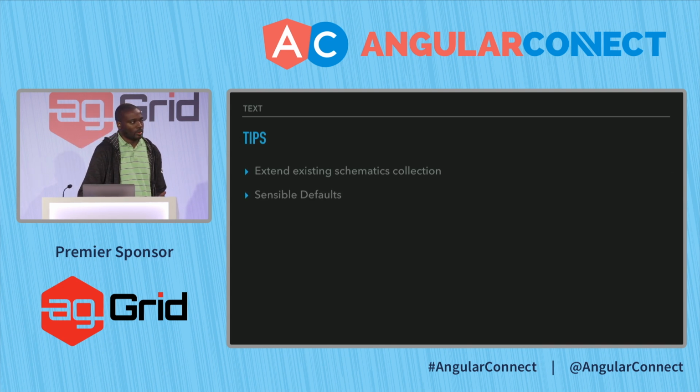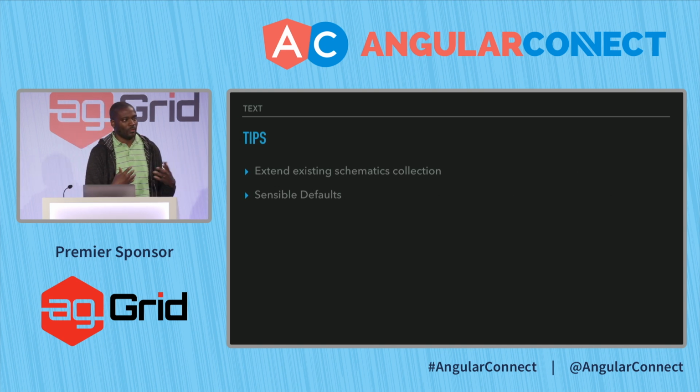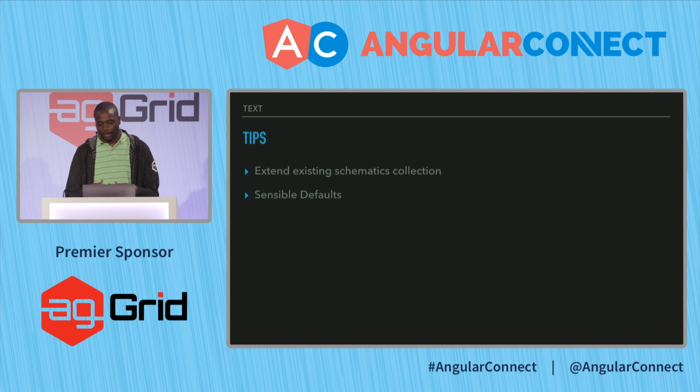Use sensible defaults. You want your schematics to be customizable, but you don't want to overload your users with too many prompts or options out of the box. You want to give your preferred method or preferred output by default, and then give them the ability to customize those.